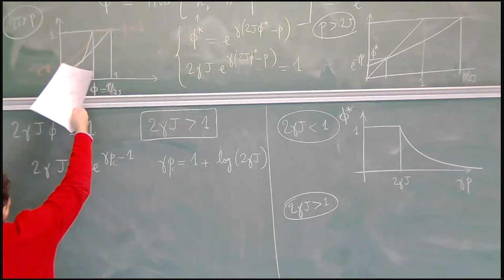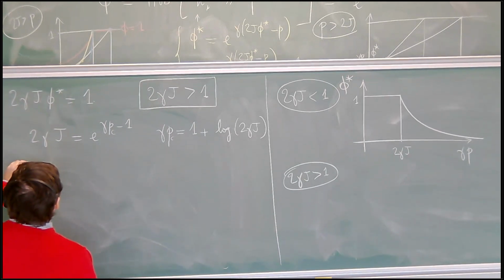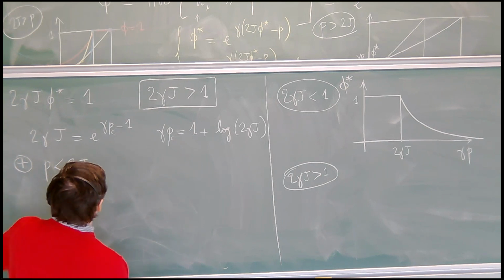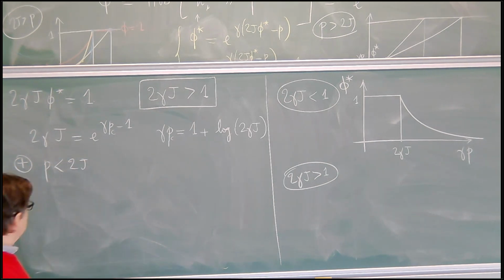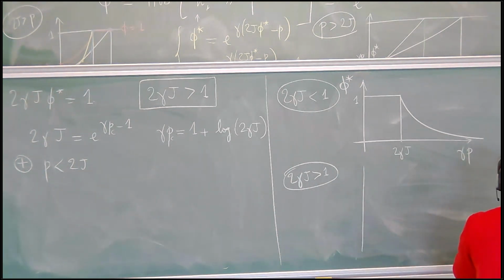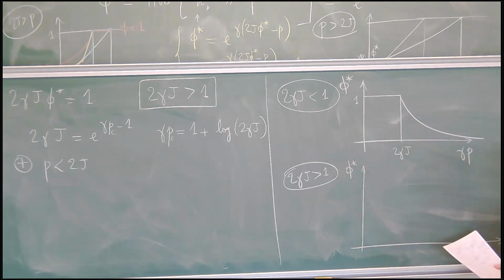In order to be in that situation, I've also assumed that p, so plus p, is less than 2j. Remember that as well. And so now what it looks like is closer to what we had in the generic random field Ising model. So again, phi star as a function of price.